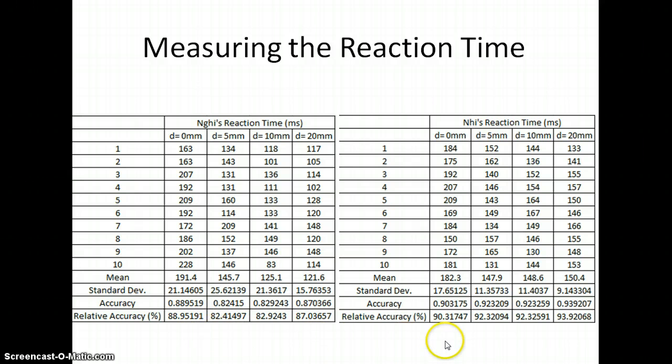There's also a rare case where the first reaction strip, which is D equals 0, has a higher relative accuracy compared to D equals 5 and D equals 10. But overall, D equals 10 and D equals 20 all have the higher relative accuracy compared to the first two.